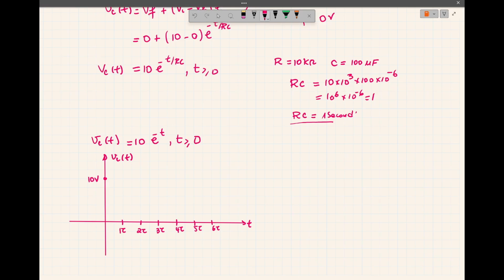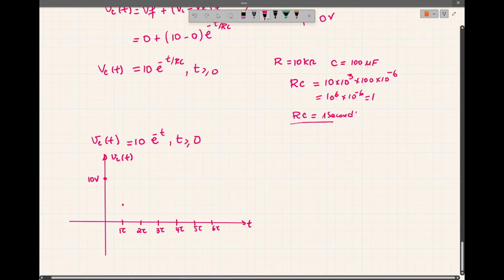Let me pull my calculator. 10 times e to the negative 1 should be 3.67.